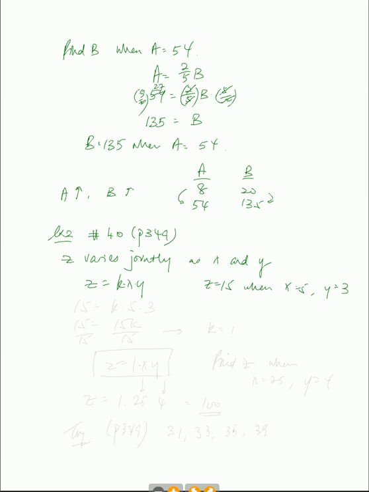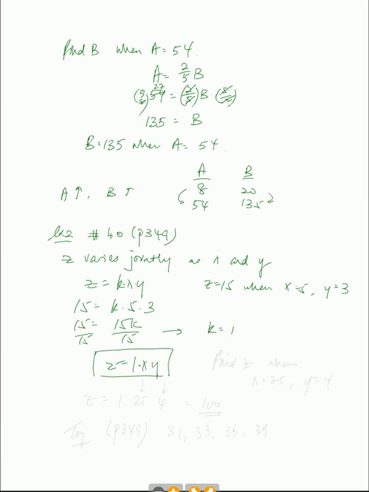So let's substitute that. Z is 15, k times x is 5 and y is 3. So 15 is equal to 15k. So if you divide by 15 on both sides, it tells you k is 1. So when k is 1, that's when you put it back into the equation. So z equals 1 times xy. So that becomes a formula for that problem.